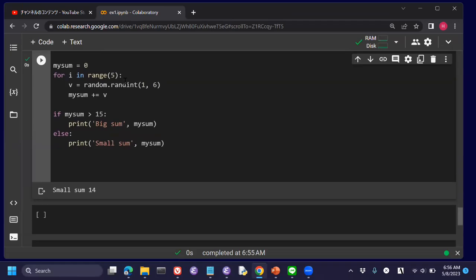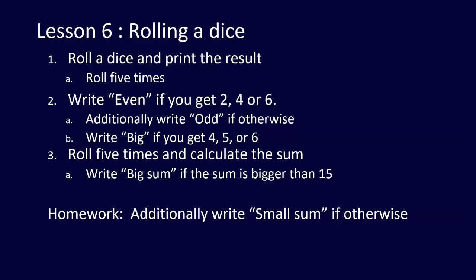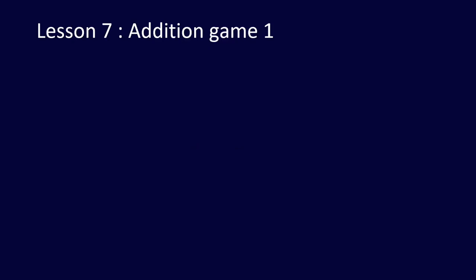And today we're going to use it in a more interesting, fun, and very entertaining way: an addition game. So let's make an adding game. First, we will take a look at a new function, input. So let's try to see how input works.